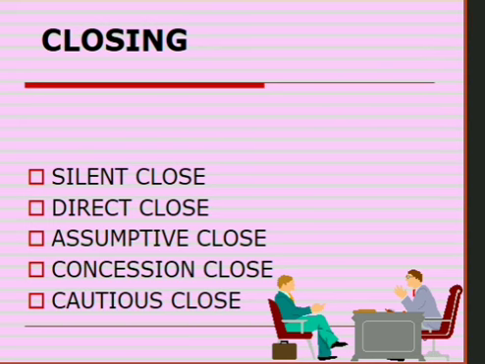Then next is the cautious close. In the cautious close, the salesperson carefully inquires about the close. The potential customers can be urged to ask any questions before closing the deal.